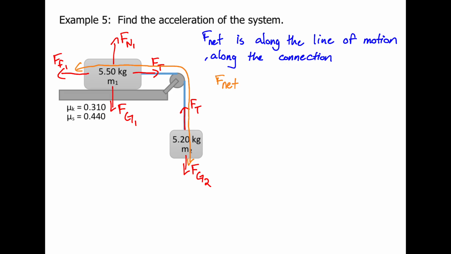So what are all the things that are in the net force? It's this one, and this one, and this one, and this one. All the ones that are in this line are in the net force. Now, what gets weird is which direction is the positive direction when we start changing the direction with pulleys? The short answer is, it doesn't matter as long as it's consistent.